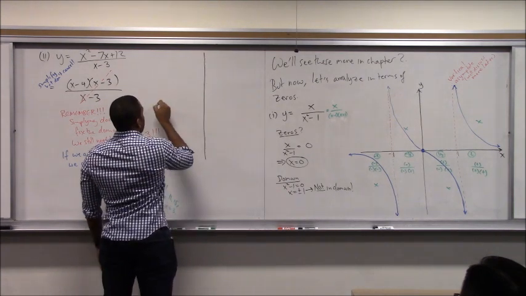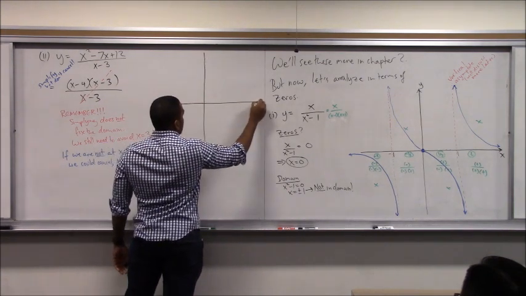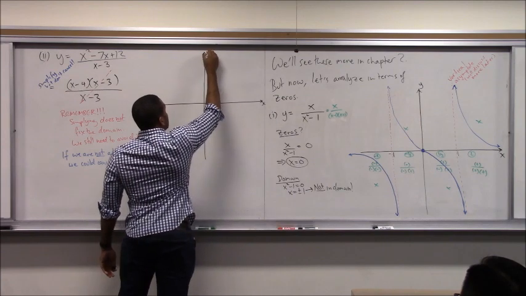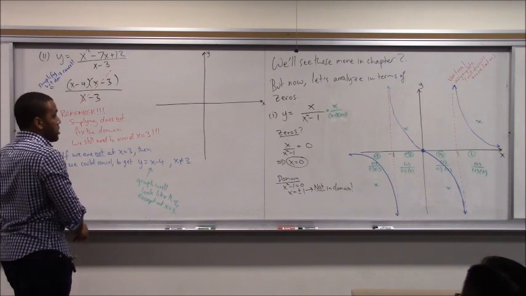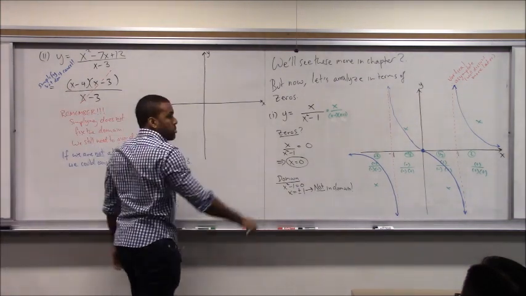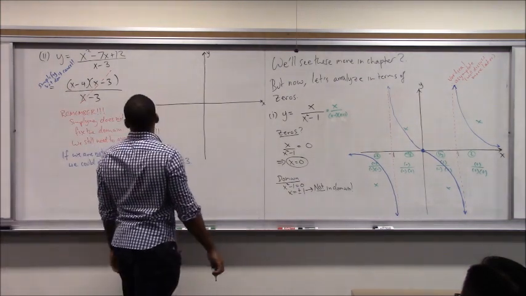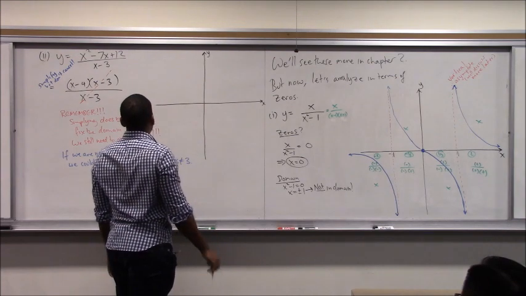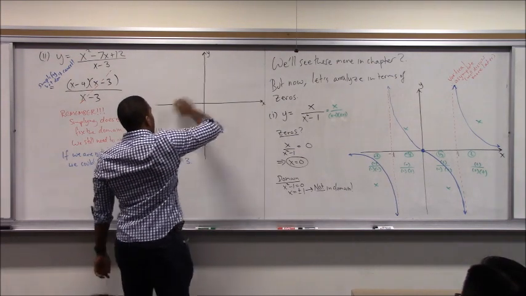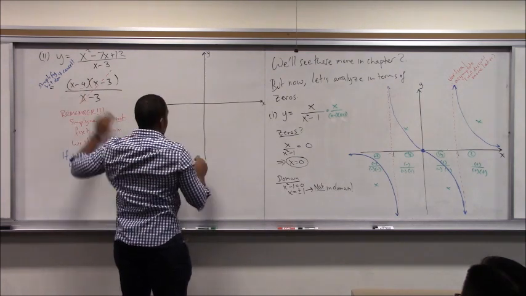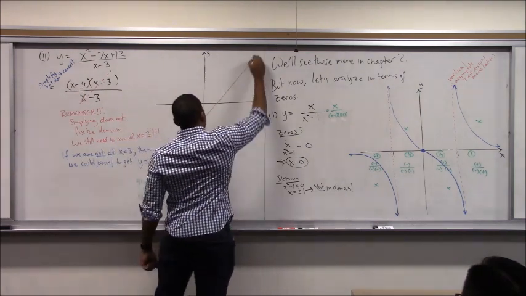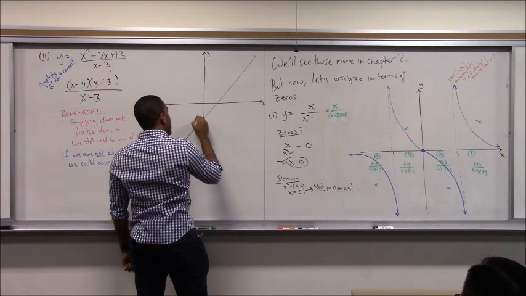What does the graph of x minus 4 look like? It's a straight line. How does it look? Like this? Okay, so it's going up. Does it cross through here? No, -4 is the y-intercept, so it should be crossing there. So it crosses through here at -4.